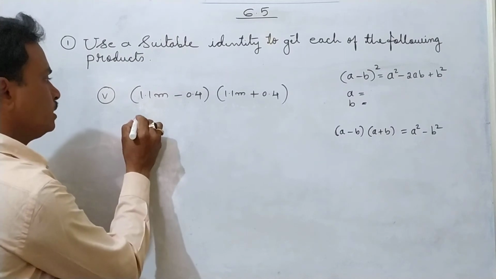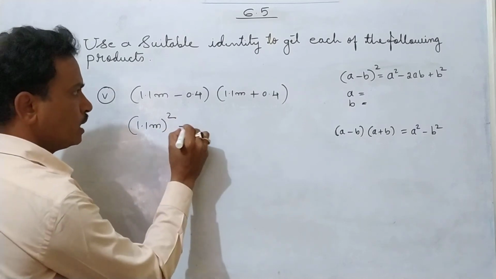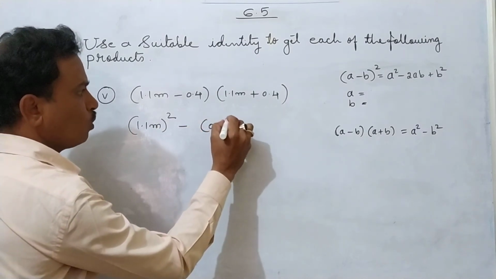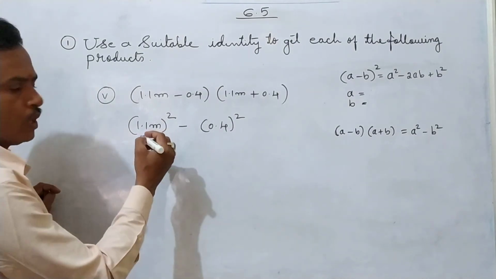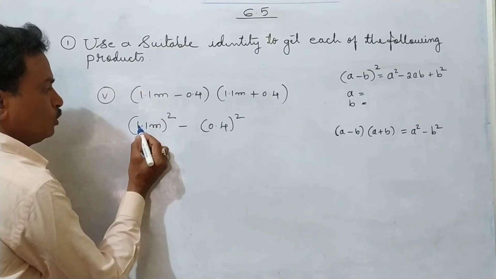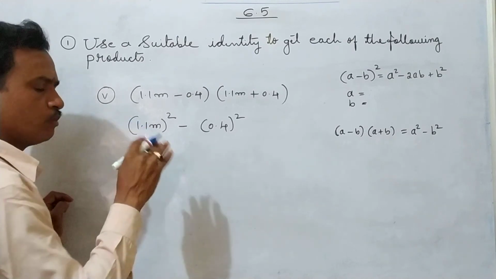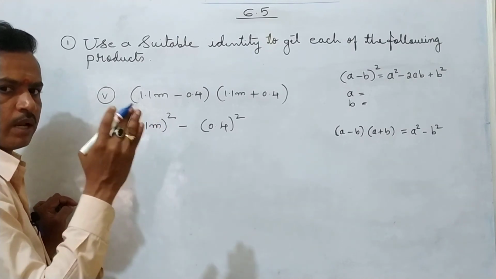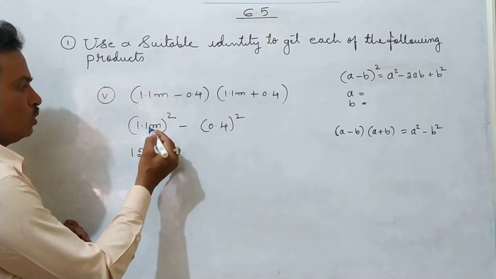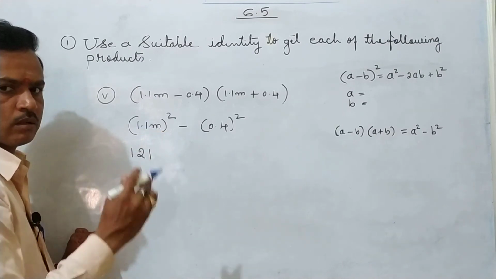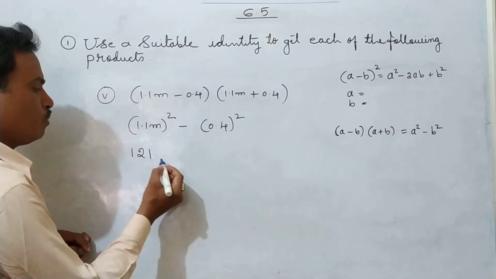So this can be written as 1.1 m whole square minus 0.4 whole square. Now we should multiply 1.1 into 1.1. First ignore the decimal point. Take 11 11s are 121. So you should write 121 first. There is one digit after the point, and we are multiplying twice, so after 2 digits you put the point.